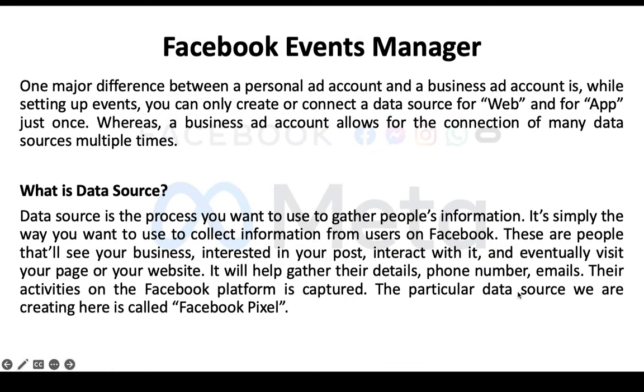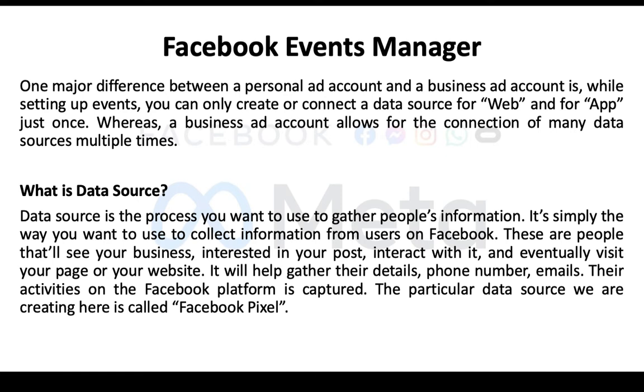So it says one major difference between a personal ad account and a business ad account is, while setting up events, you can only create or connect a data source for web or for app just once, guys, whereas a business ad account allows for the connection of many data sources multiple times. So let me quickly explain something here, guys.